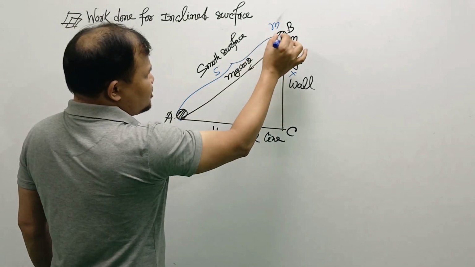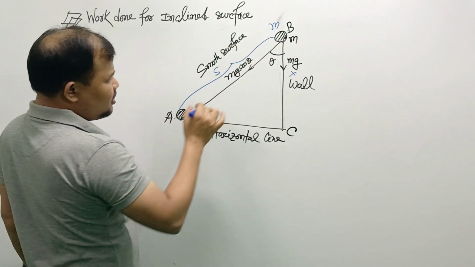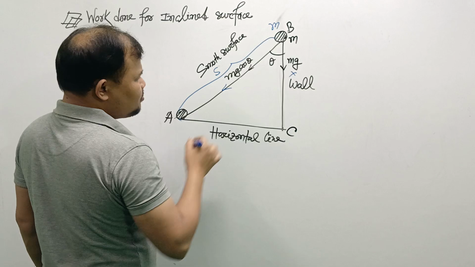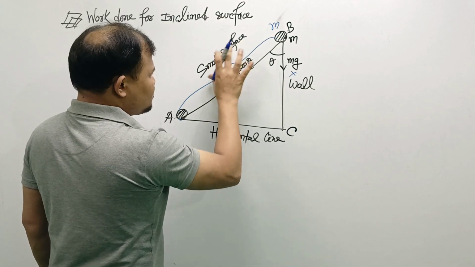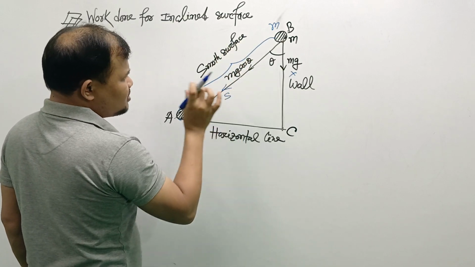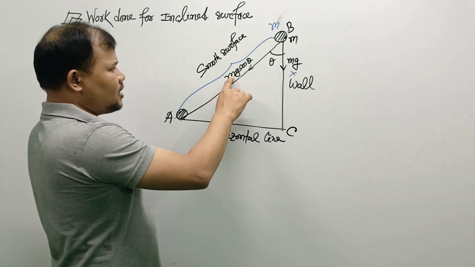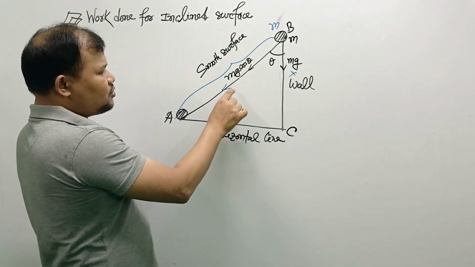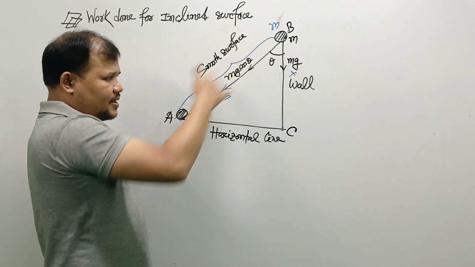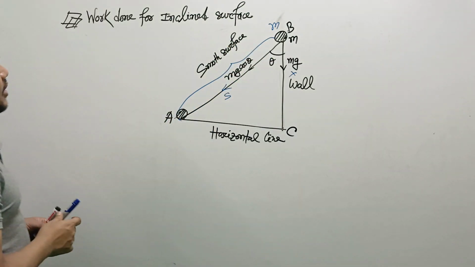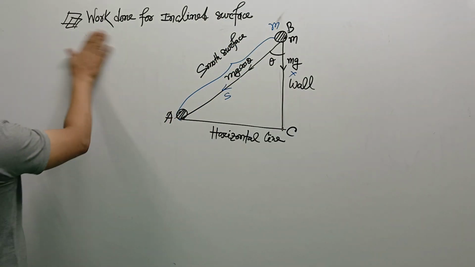As this is the initial point and this is the final point, the direction of the displacement is also the same. Suppose the displacement is S. Here we can see the direction of the force mg cos theta and the direction of the displacement are the same. So here we can write the equation of the work done.